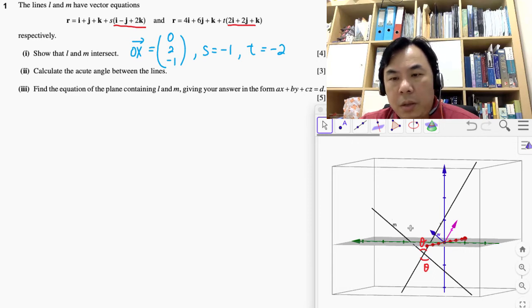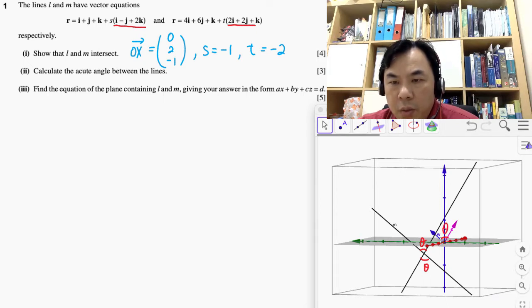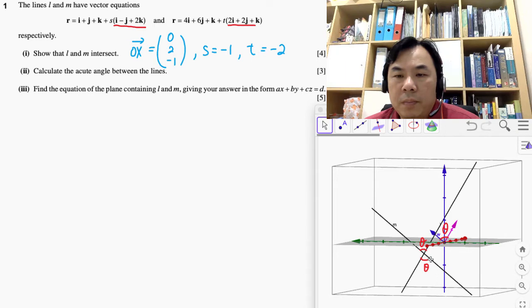As you can see, no matter where these vectors are in three-dimensional space, the angle between these two lines is always given by theta, which is exactly the same as the angle that we are interested to calculate here.